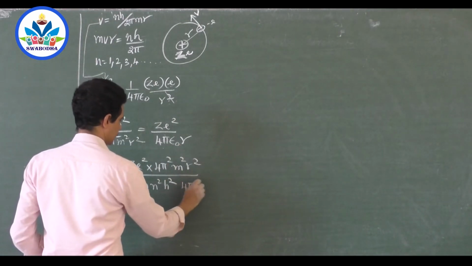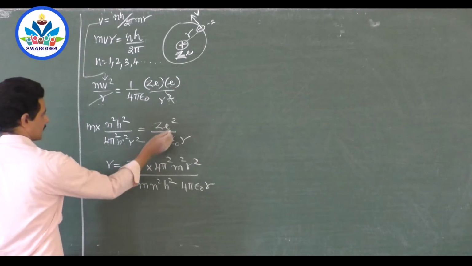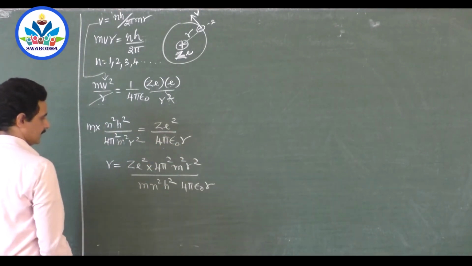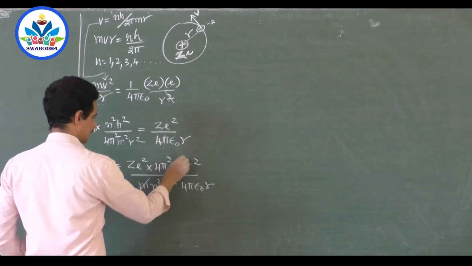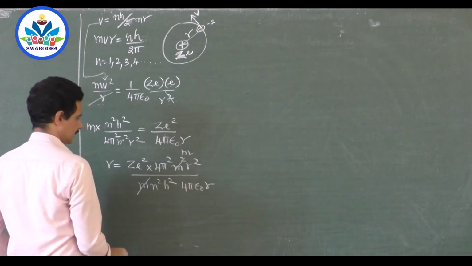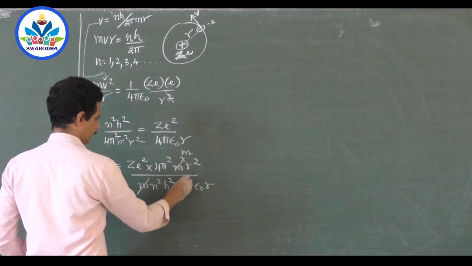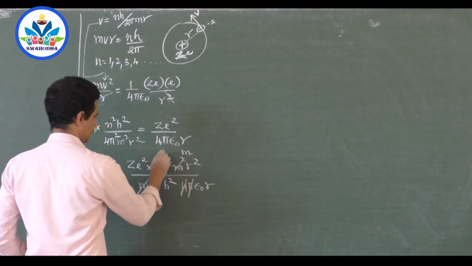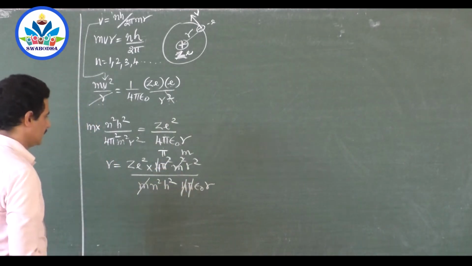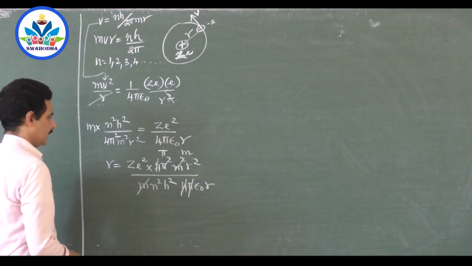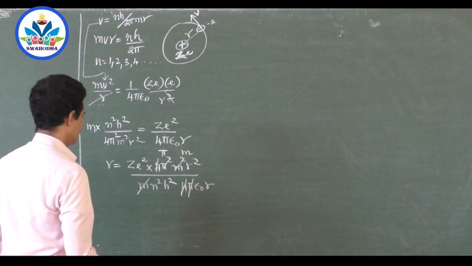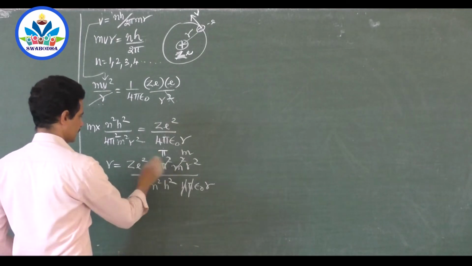Because r comes here, remaining things here. So 1 m gets cancelled, remains here. 4 gets cancelled, 1 pi remains here. And what is the remaining thing?